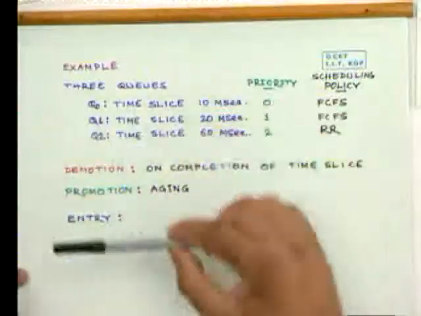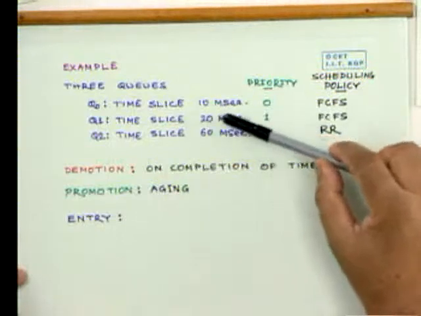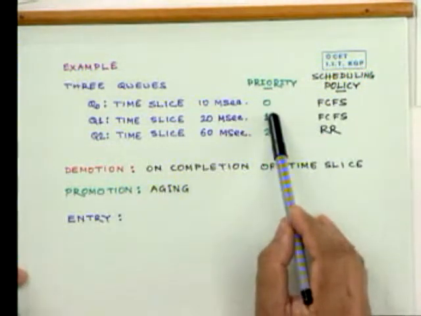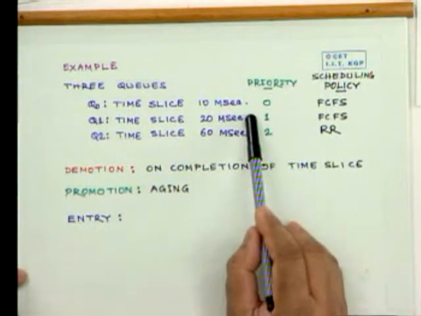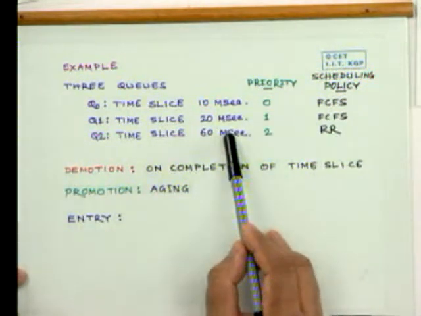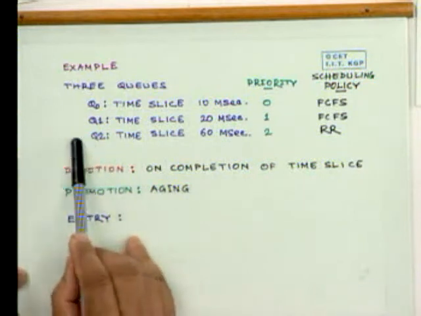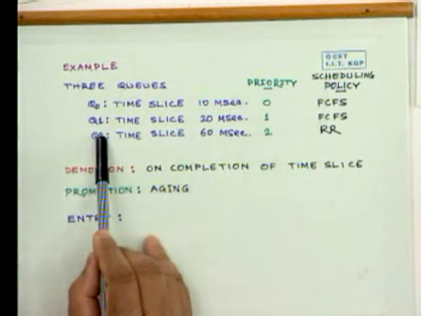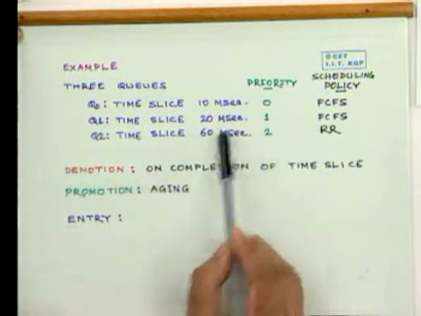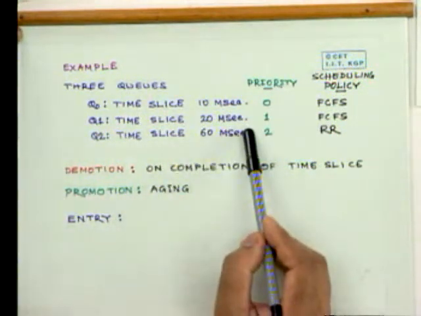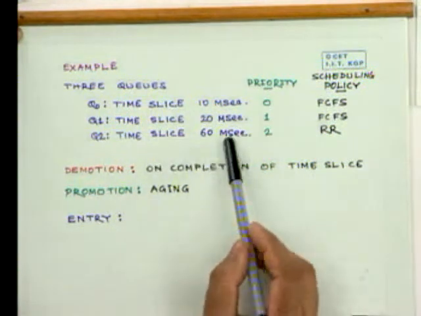In that case, the process which has consumed the entire time slice can be demoted from, say, Q0 to Q1. Similarly, if in Q1 a process consumes the entire time quantum of 20 milliseconds, it may be demoted to Q2, which is for the hard CPU bound jobs. That means it is consuming much more CPU, and very seldom requesting IO.